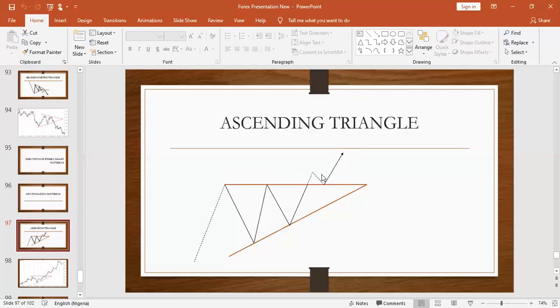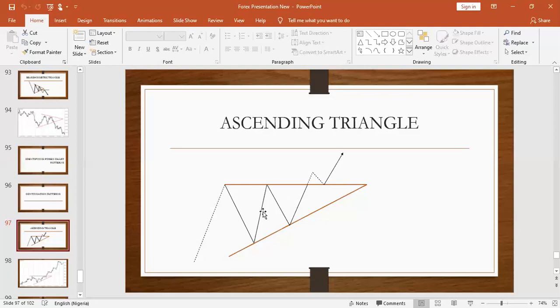But wait till you see a very clear breakout from the triangle, and then you go in for a buy at the retest at this zone, or after the retest, you buy, and then boom. Remember, ascending triangle happens in a bullish market, so you're looking at going bullish, looking at buying.